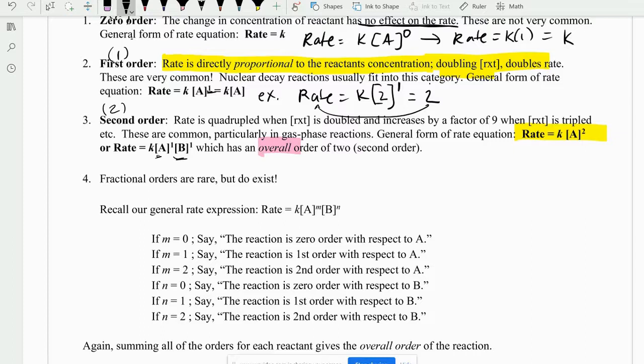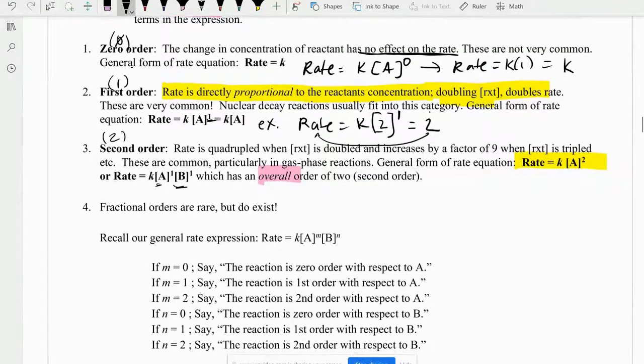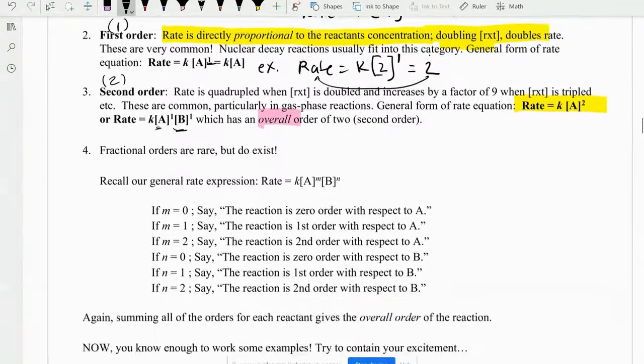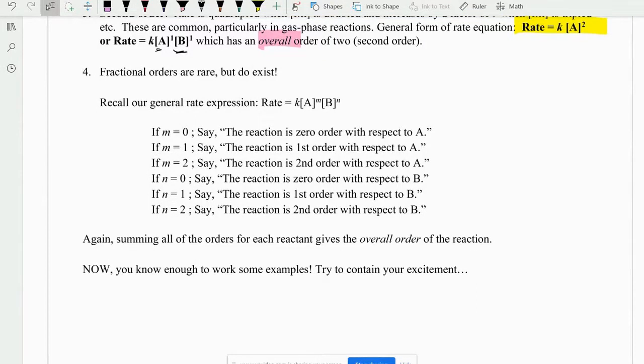I do not think they are in the scope of the AP chemistry curriculum, so we're going to focus on 0 order, first order, and second order reactions only. And I want you to be very clear. It's important that when you write about this and you're doing your work, especially with College Board, that you're using the correct language. And so what I have done here in your notes is I gave you a generic rate expression, and I want you to take a second and pause me and look at how you would actually speak in terminology when a particular reactant is of a particular order.